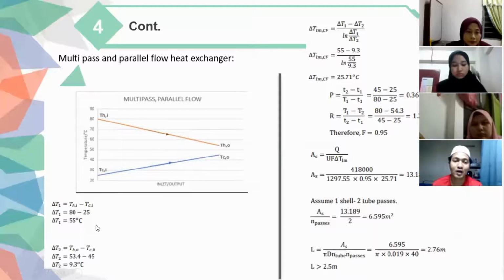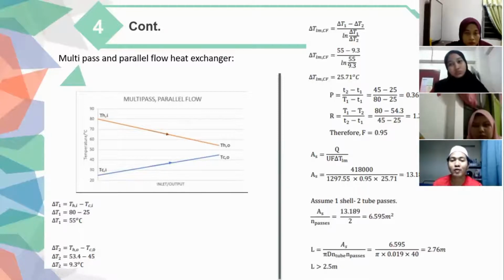This is the graph for the multi-pass and parallel flow heat exchanger. The same as before, we find the theta T LM CF, and we got 25.71 degrees Celsius. For this part, we also assume that there is a correction factor.